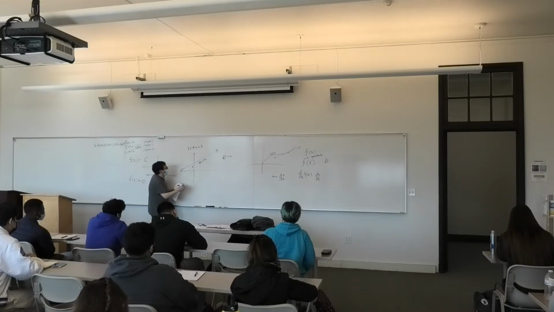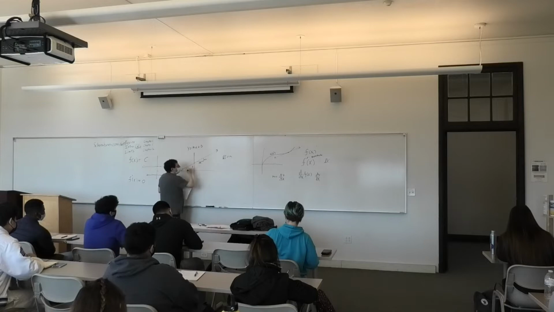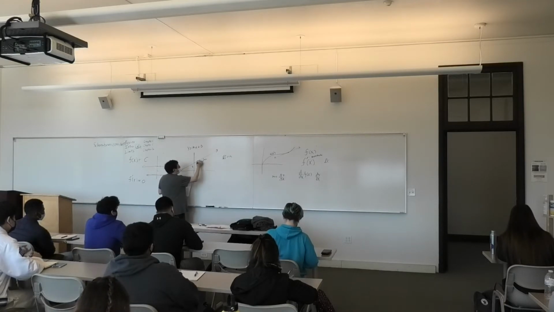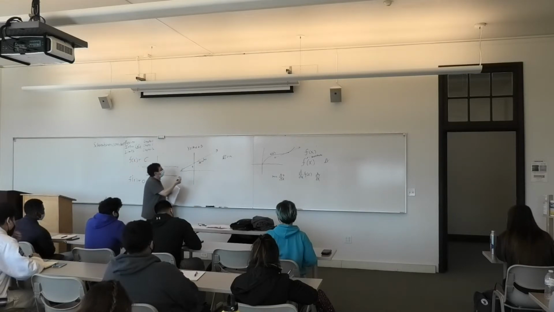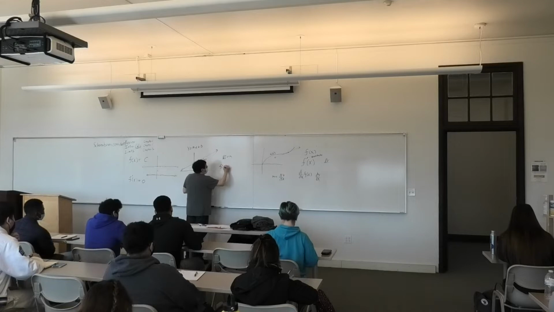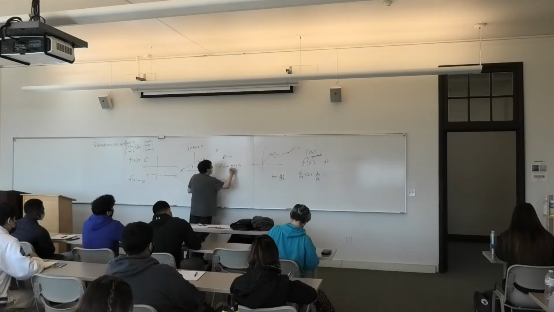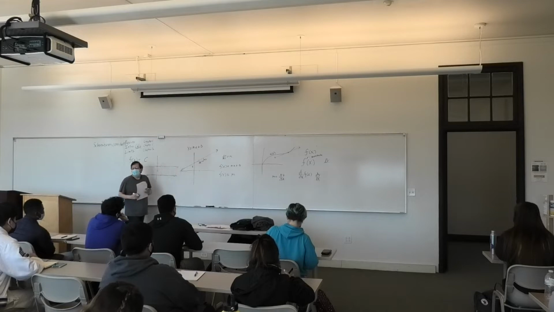Well, at 0 it's m, right? The slope. At 1 it's again m. So if f of x is mx plus b, its derivative is just m. It's a constant.